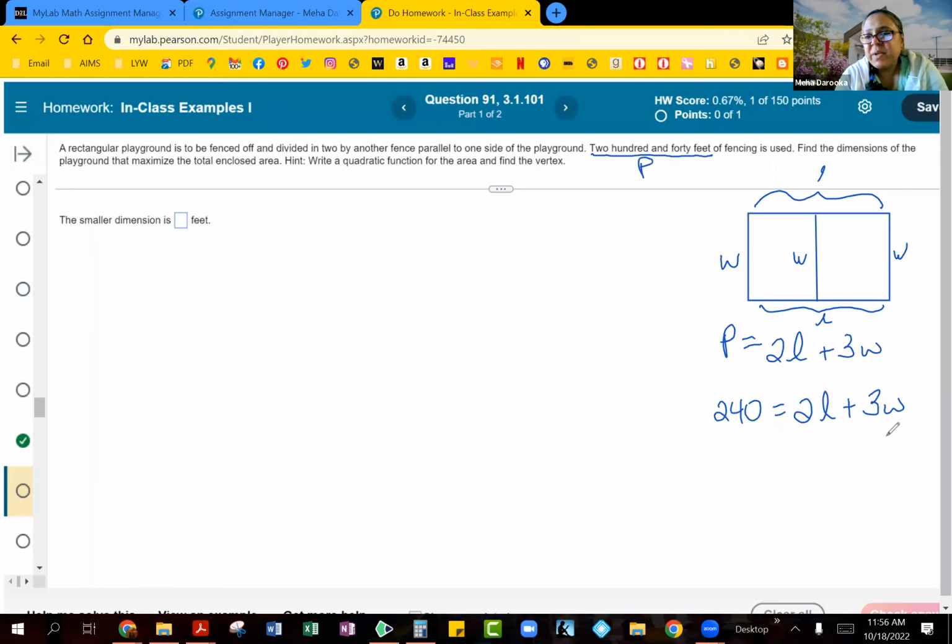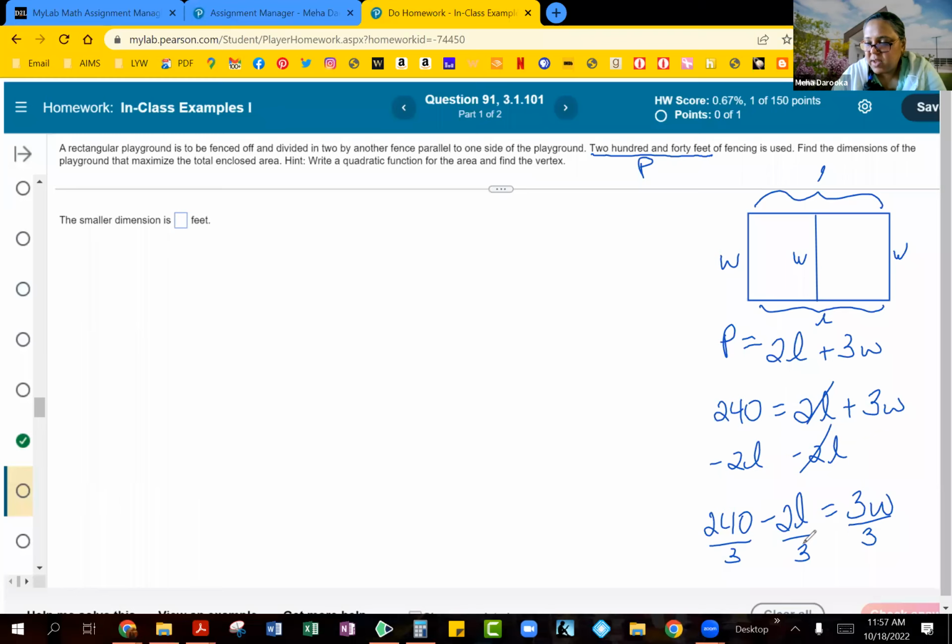So in this case, when you try to simplify it, it's going to be a little bit different because, let's say we start by subtracting 2 times the length on both sides. You will end up with 240 minus 2 times the length, and then 3W. Then we will go ahead and divide everything by 3.